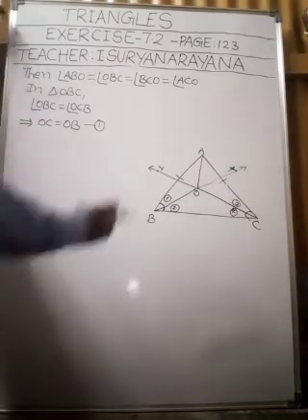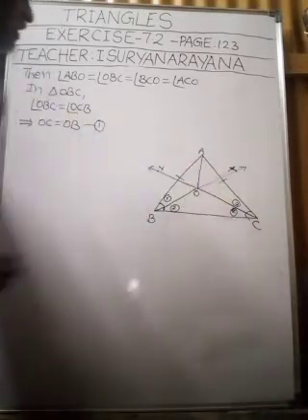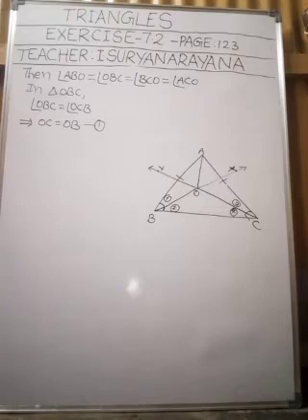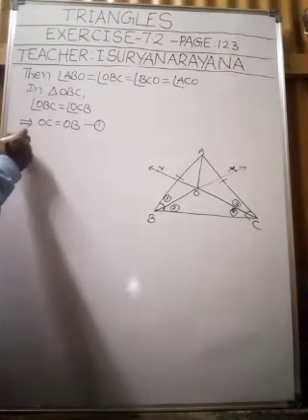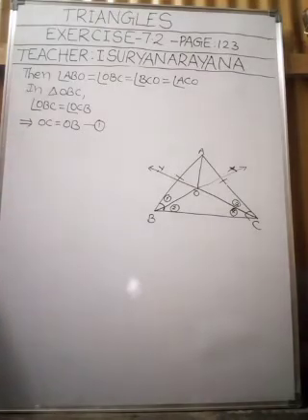Now, let us compare triangle OAB and triangle OAC. We have proved the first part; the first part is over.